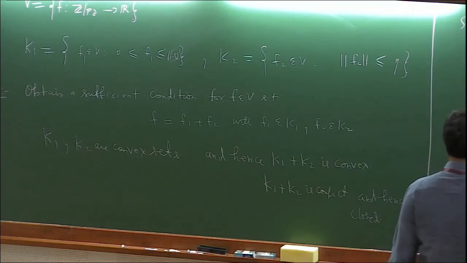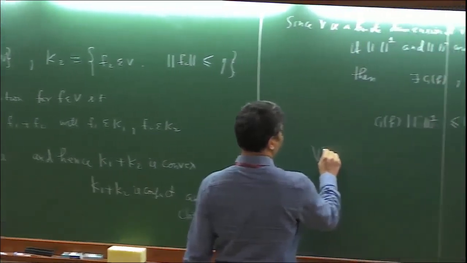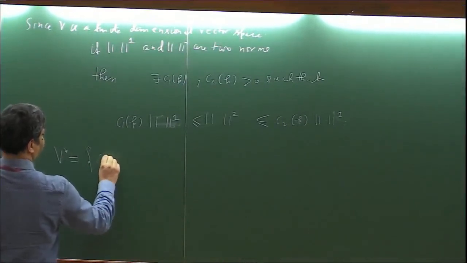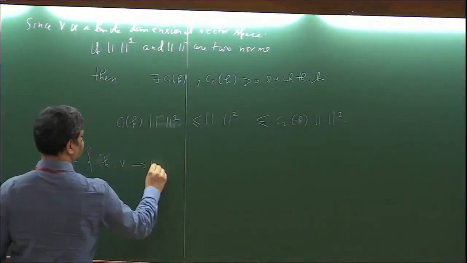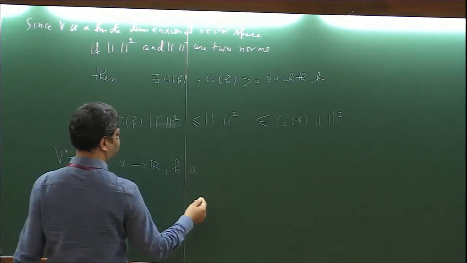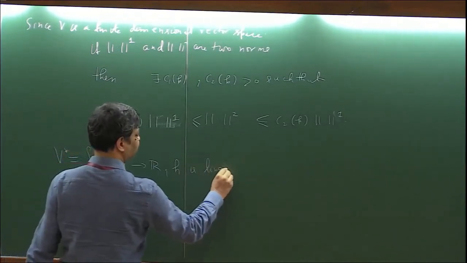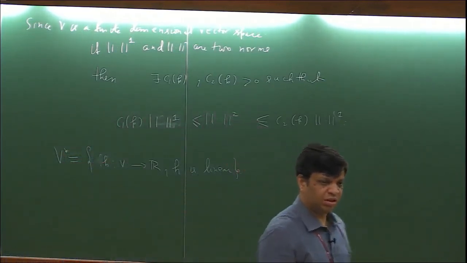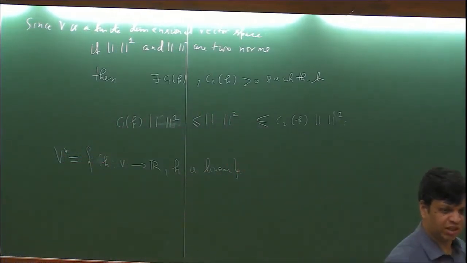Now we will consider V star to be the set of functions H from V to R, the dual space. H is linear. Again, because all the topologies are equivalent, all the linear maps are continuous.